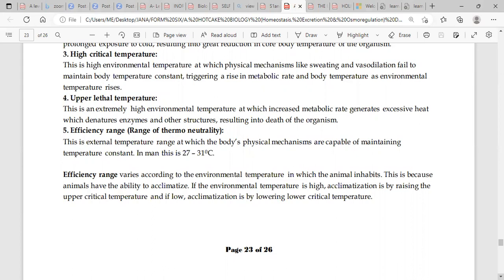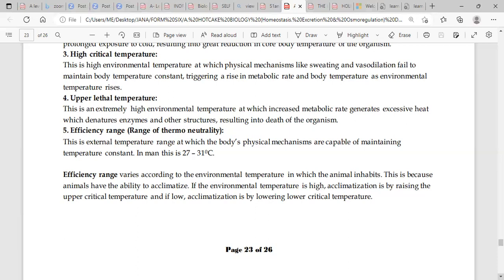The efficiency range, that is the range of thermoneutrality, is the external temperature range at which the body's physical mechanisms are capable of maintaining temperature constant. And in man, it is 27 to 31 degrees Celsius. But it varies according to the environmental temperature in which the animal inhabits, that is where the animal lives.